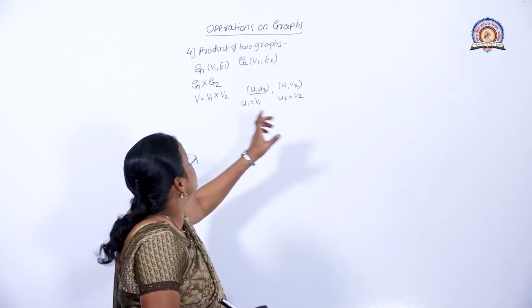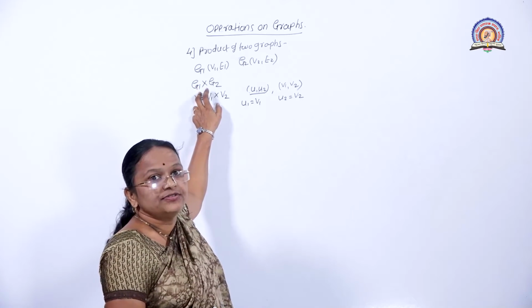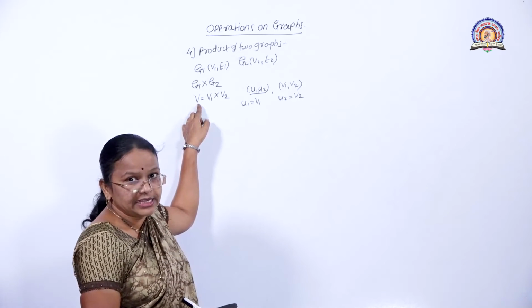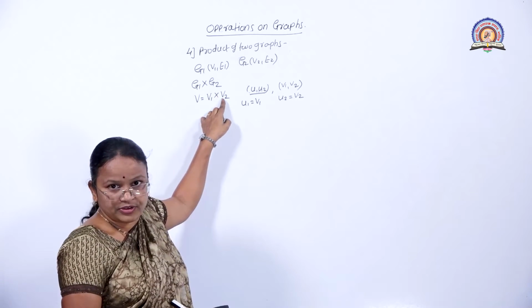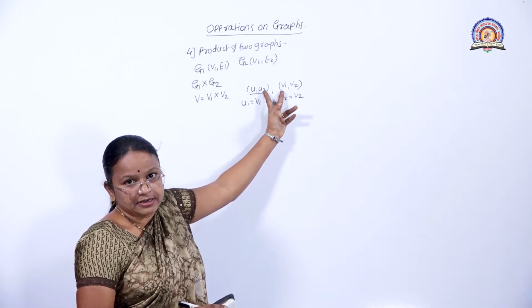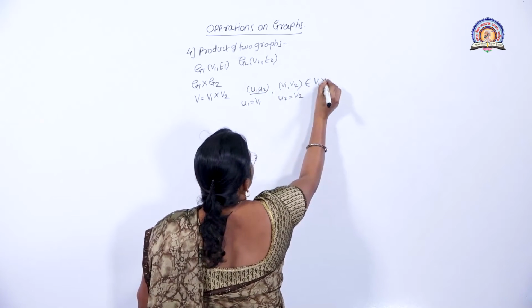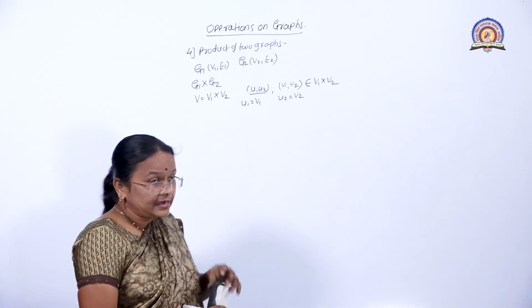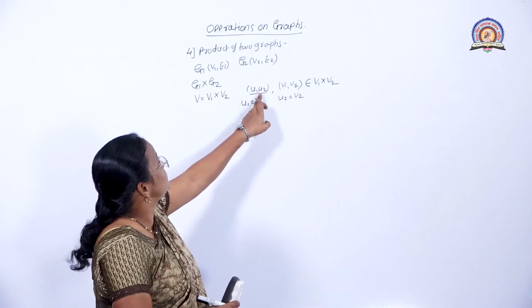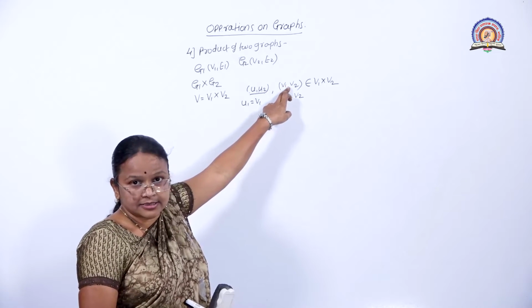See here, what I say, the product of two graphs G1 cross G2 is a graph whose vertex set V is the Cartesian product of V1 and V2, whose elements are the ordered pairs like this: (U1, U2), (V1, V2) belongs to V1 cross V2, and the graph contains edges such that, these two vertices, this is one vertex, this is other vertex.